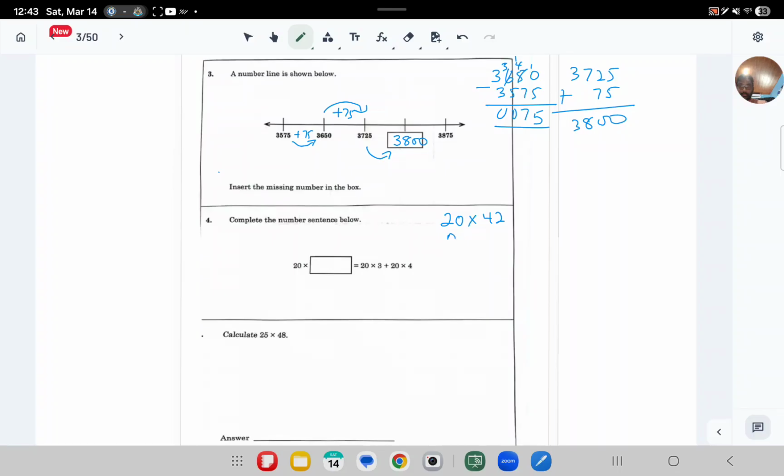We would break it up into 20 multiplied by 40, because this is in the tens column, add 20 multiplied by 2, because this digit is in the ones column. But both of these digits have ones values. So therefore it would be 20 multiplied by 3 plus 4, which is equal to 7.